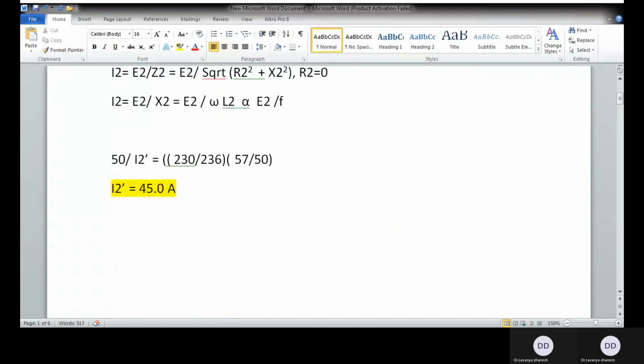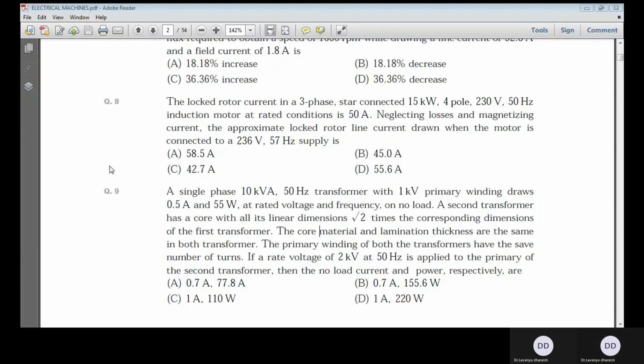So now we'll go to this. For the locked rotor current, the answer is 45.0.